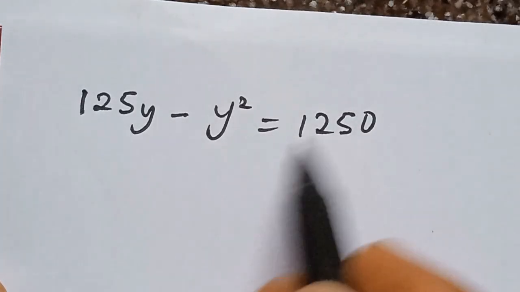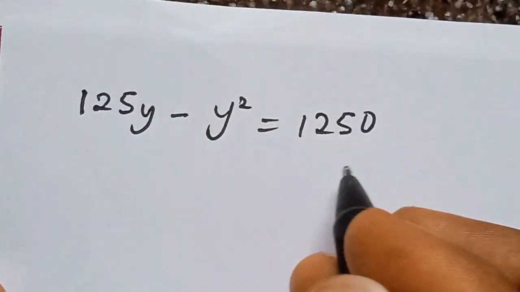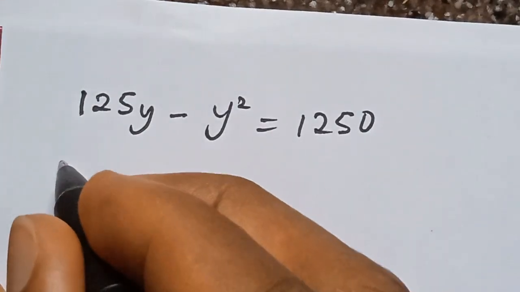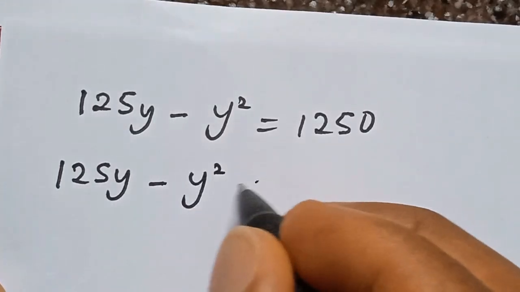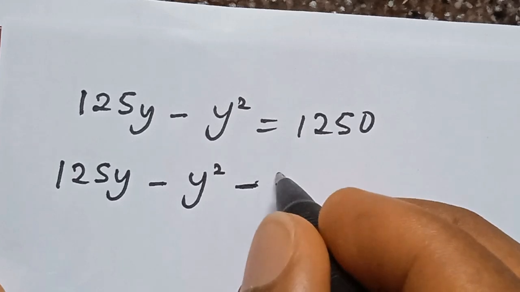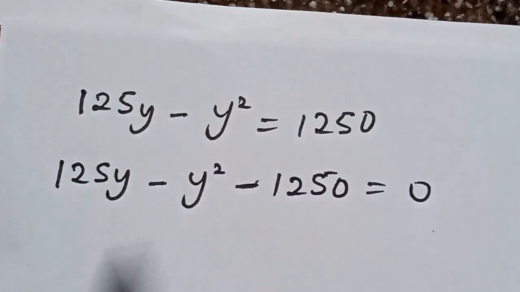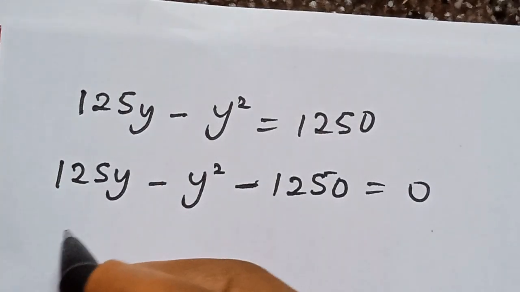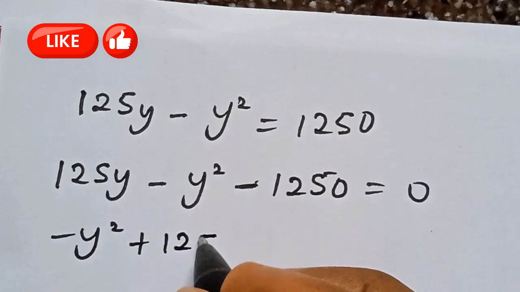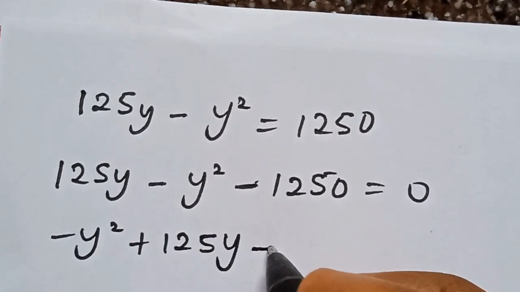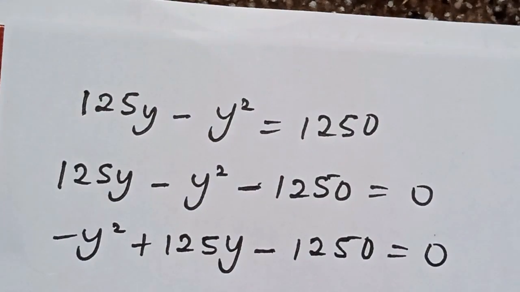First, we move this 1250 to the left hand side to equate everything to 0. So we now have 125y minus y squared minus 1250 equals 0. So rearranging this, we have minus y squared plus 125y minus 1250, everything equals 0.